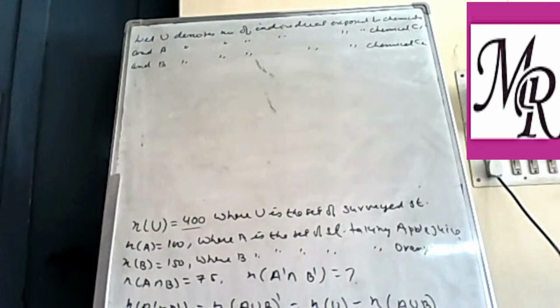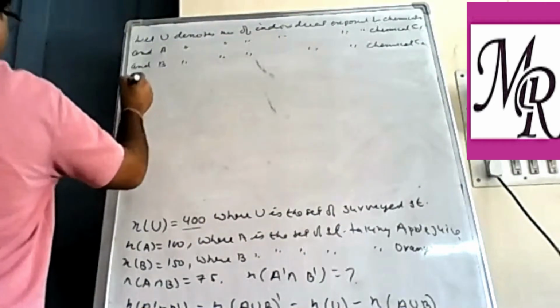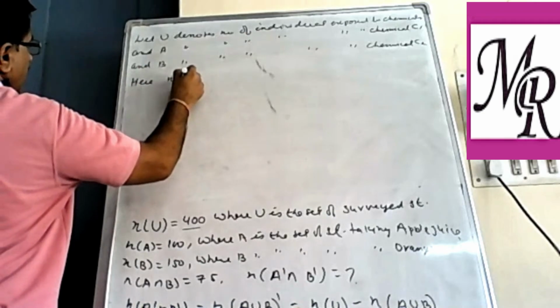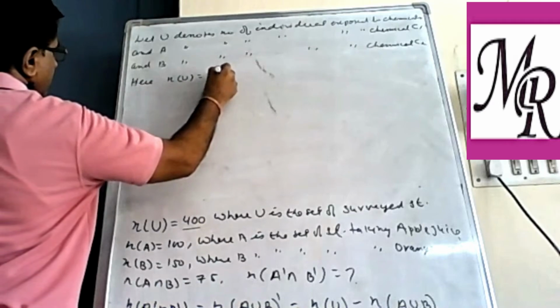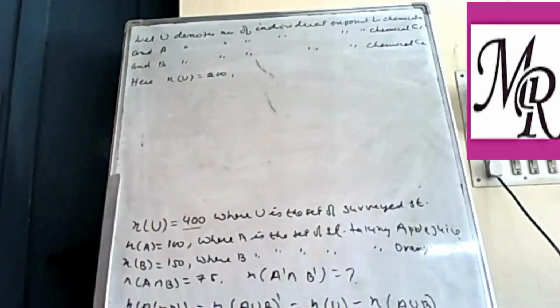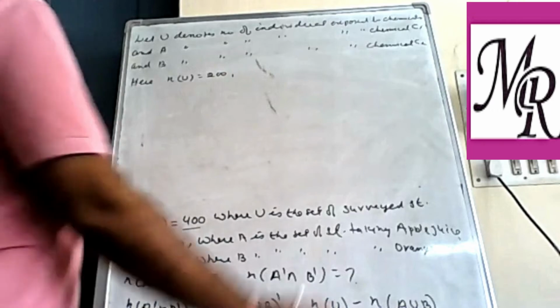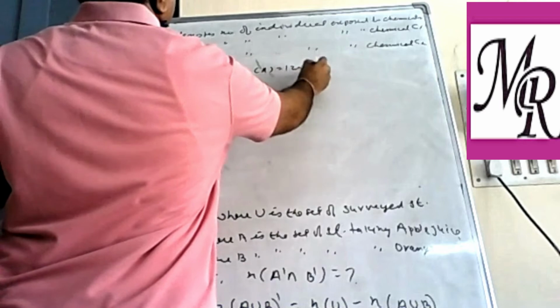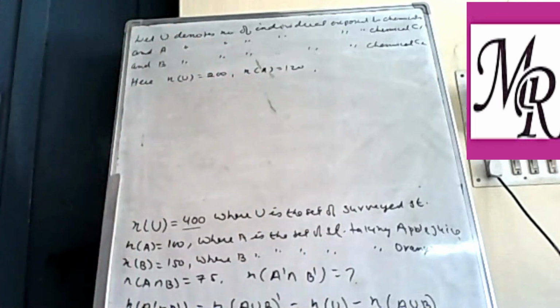So now by the given condition, here we are total individual are given 200 and individual exposed to the chemical C1, that is 120, so Na equal to 120 and individual exposed to the chemical C2, second type, that is 50.